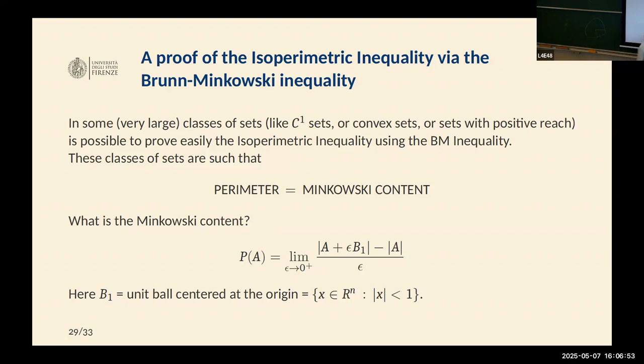The measure of this set is a polynomial in epsilon, and all the coefficients have a geometric meaning. The first is the perimeter, the second is something else. They are called the mass integrals of the set, and in convex geometry they are very important.